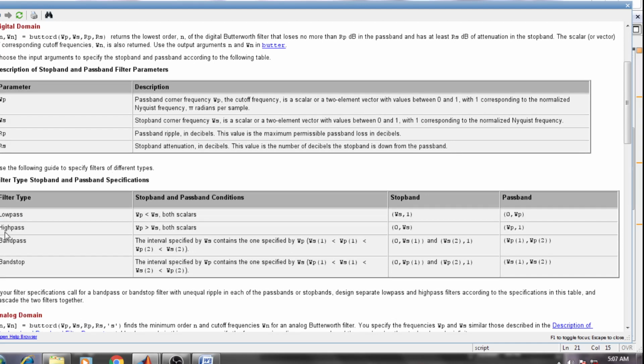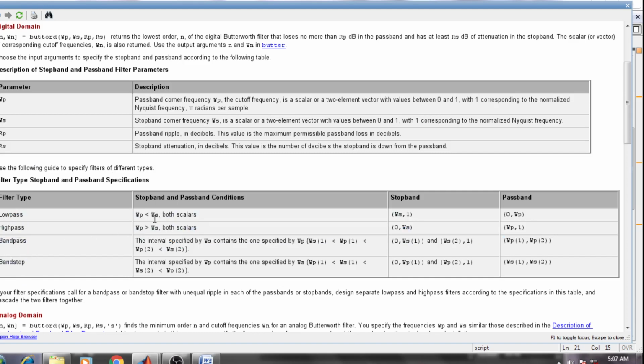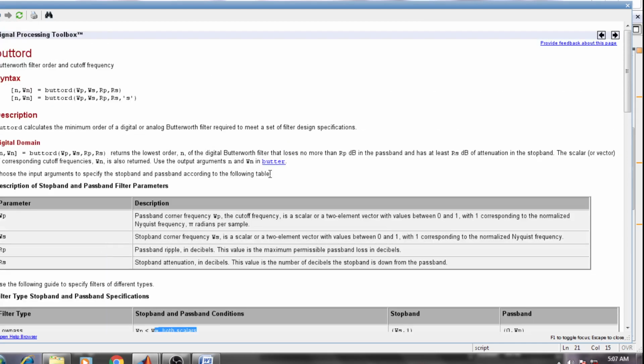Here again the same filter type is shown, and the same design concept is shown for the pass band and stop band conditions. WP should be less than WS for the low pass filter, and WP should be greater than WS for the high pass filter. So this is the way of declaration for the buttord function.